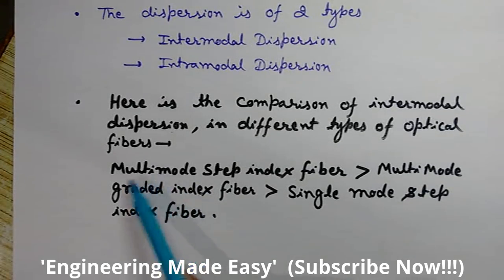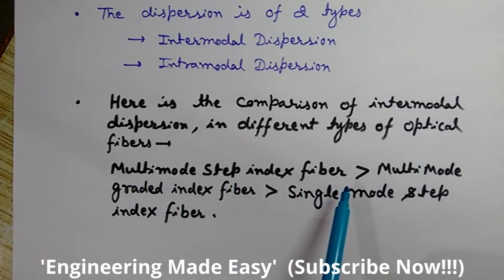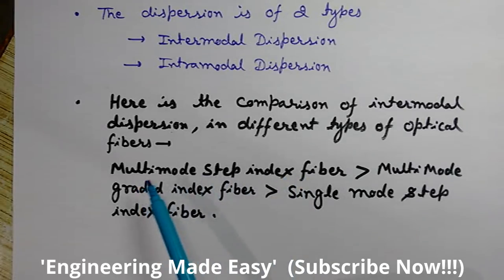The intermodal dispersion is maximum in the case of multimode step index fibers. Step index fibers which support various modes are called multimode step index fibers. Then it is lesser in the case of multimode graded index fibers, and still lesser than this in single mode step index fibers. So friends, these were some important points about optical fibers, and these points will help you get an overview of optical fibers.